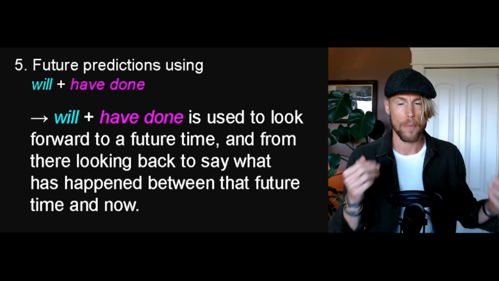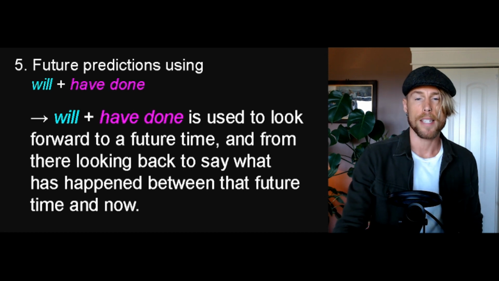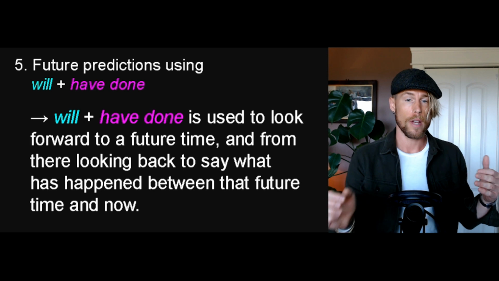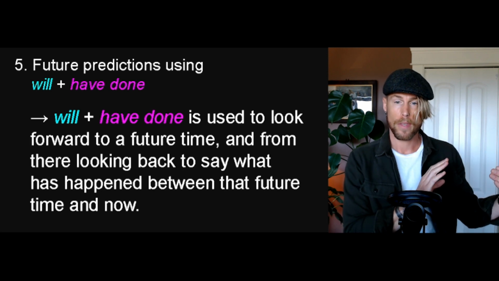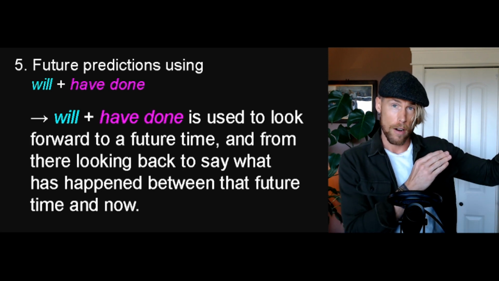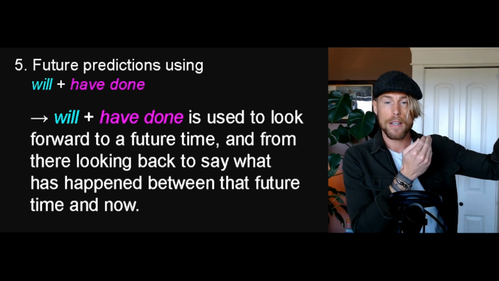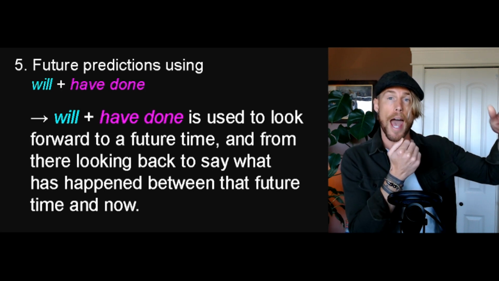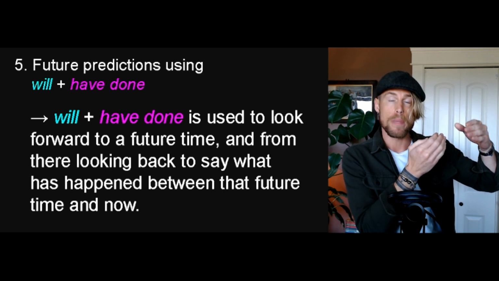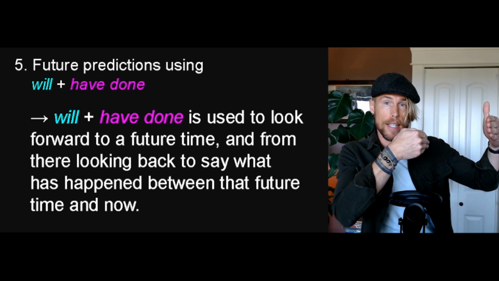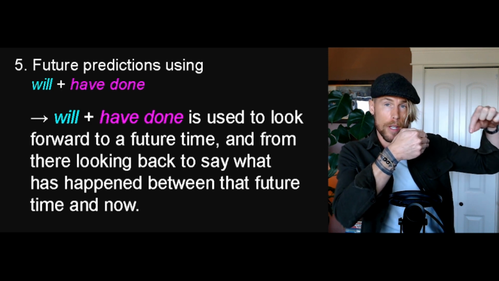Go, whatever. Will plus have done is used to look forward to a future time, and from there, looking back to say what has happened between the future time and right now. So the time in between.